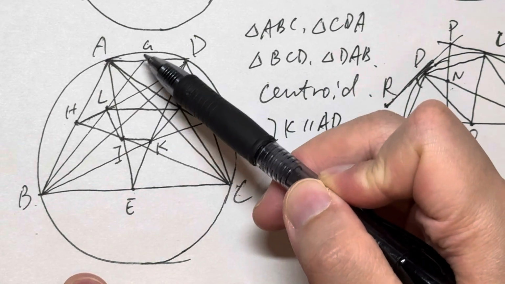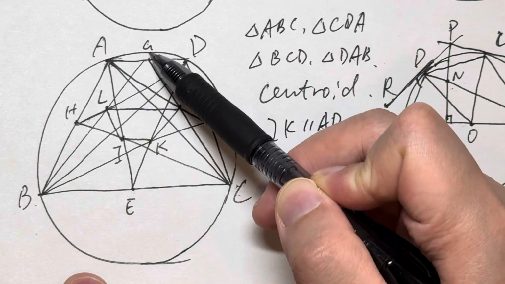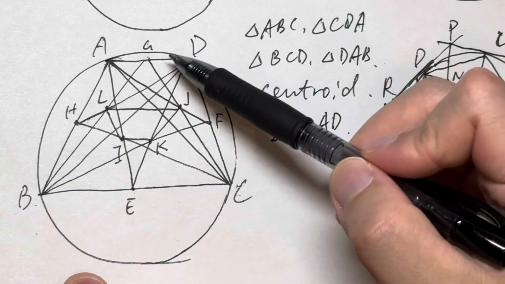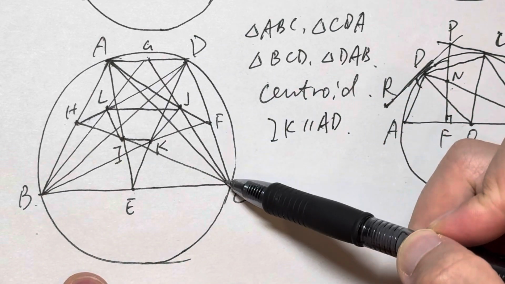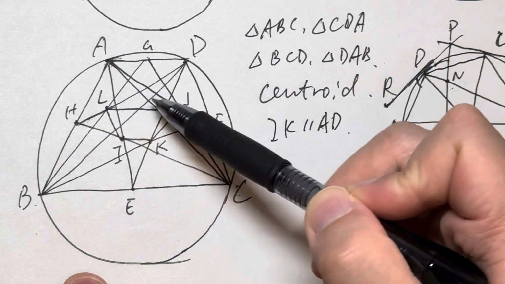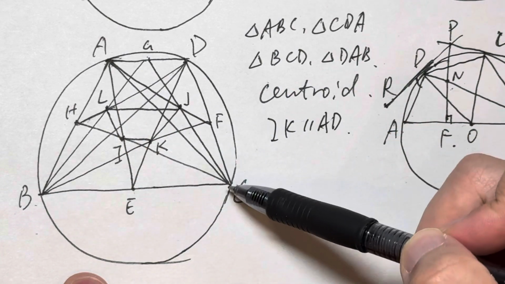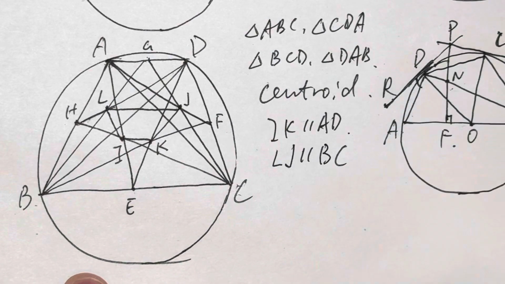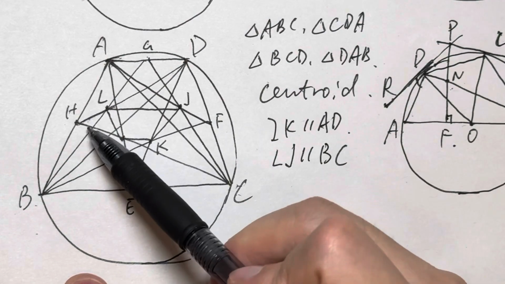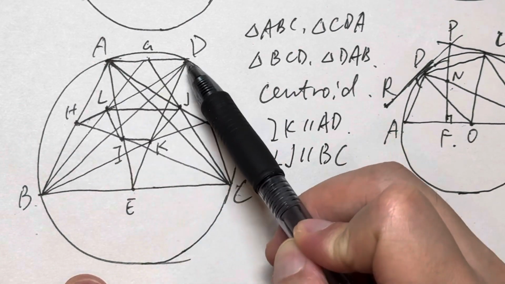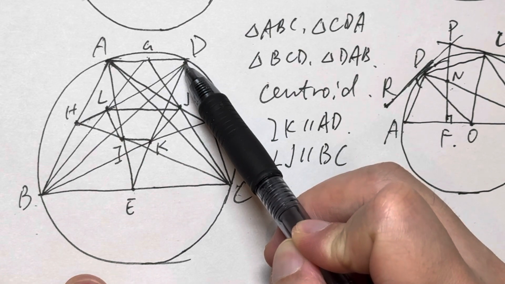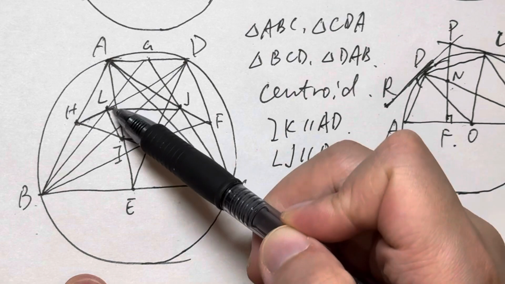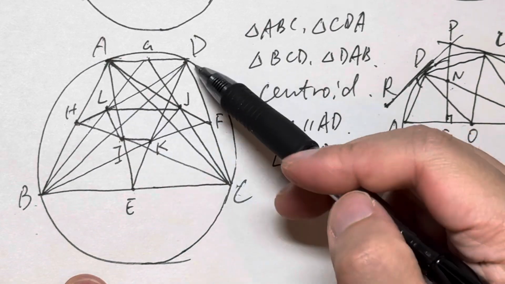Similarly, for here, we know that GL to LB is 1 to 2, and GJ to JC is 1 to 2, which means LJ is parallel with BC. And HL to LD equals 1 to 2, HI to IC equals 1 to 2, which means LI is parallel with DC.